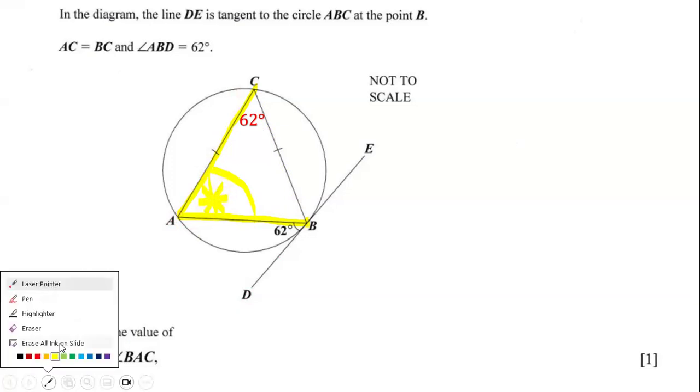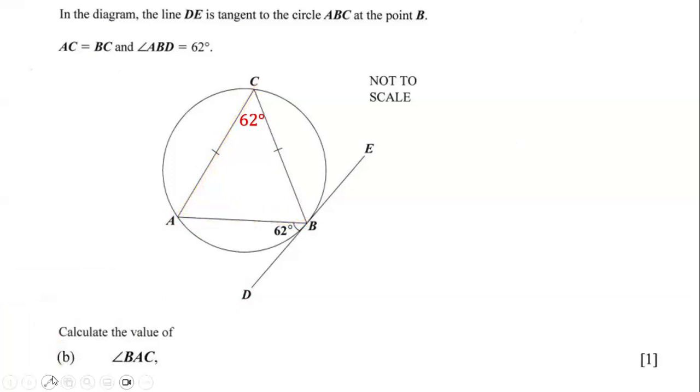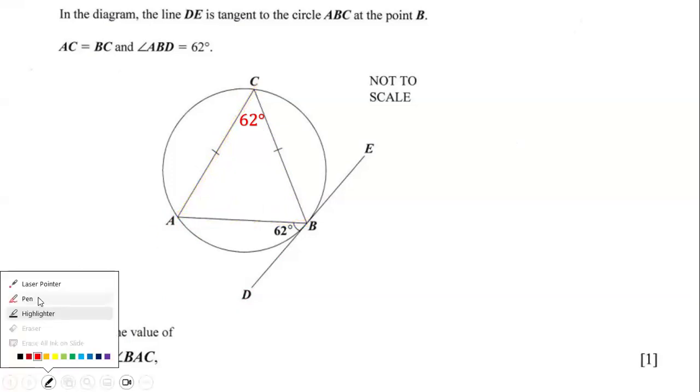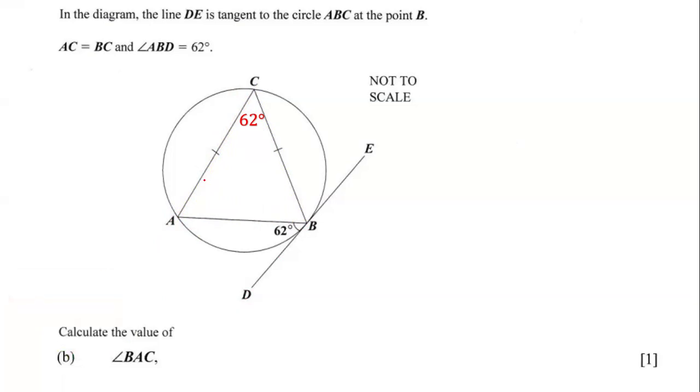Let me erase that. So what do we know? One thing we know is that this angle and this angle right here are equal. We know they are equal because we're dealing with an isosceles triangle.